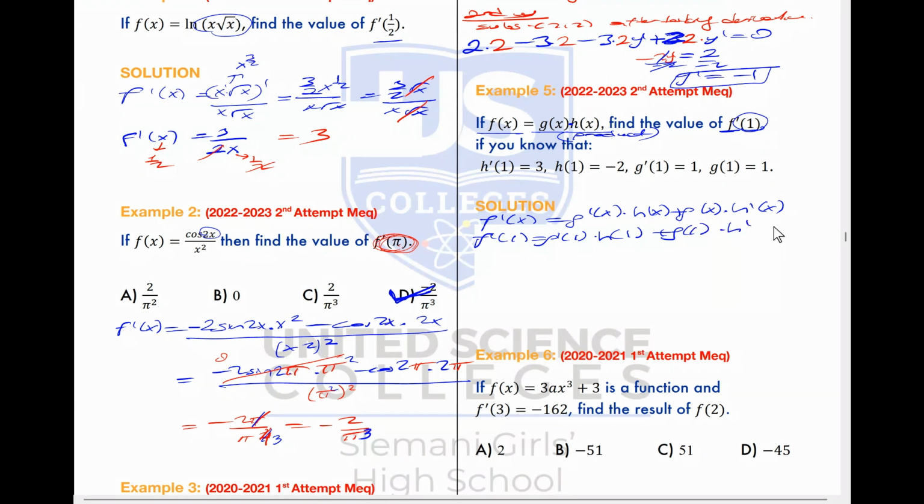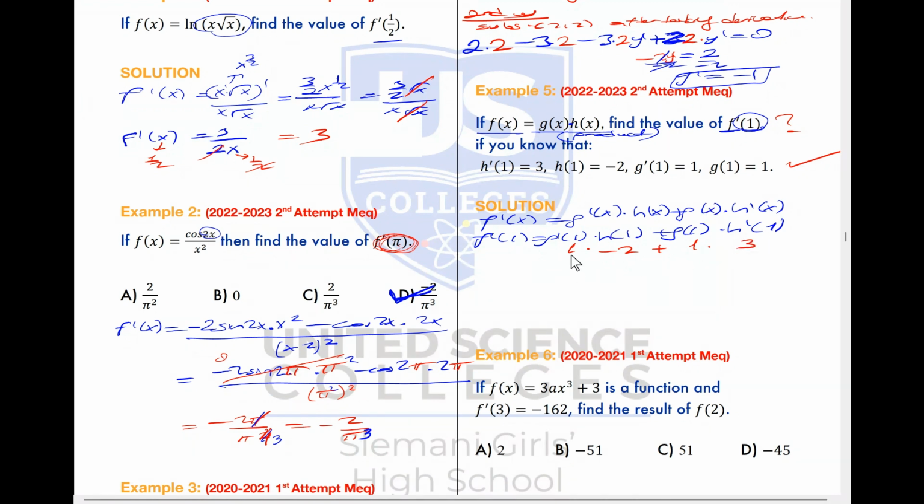h prime of 1. Okay, now I'll insert what was given in the question. It's pretty simple. I am not given f prime of 1, it's what is asked, but I am given a bunch of information. g prime of 1 is given as 1, times h of 1 given as negative 2, plus g of 1 is given as 1, times h prime of 1 is given as 3.